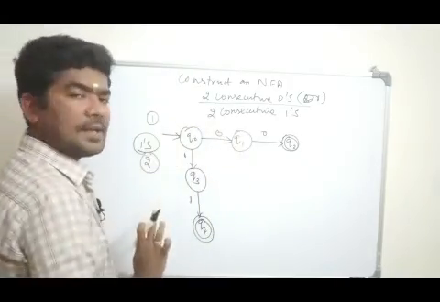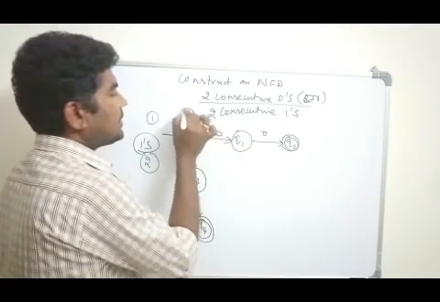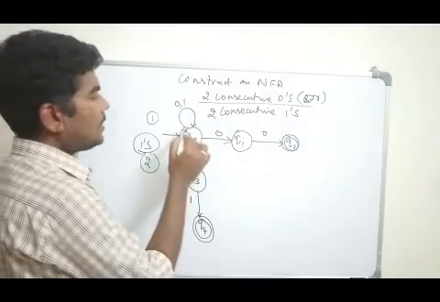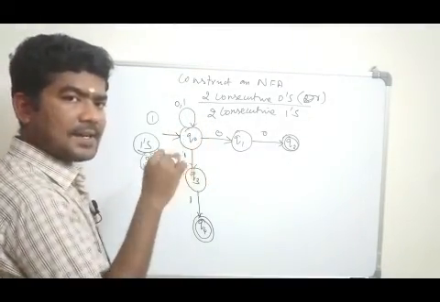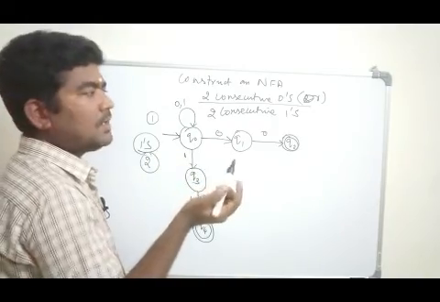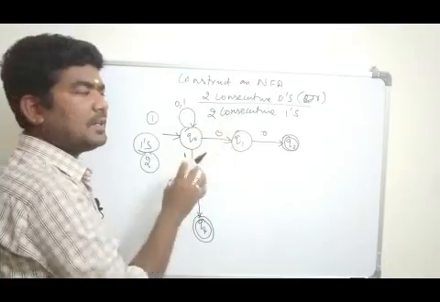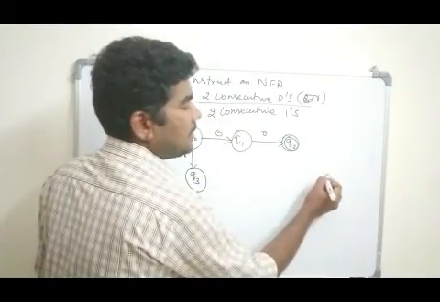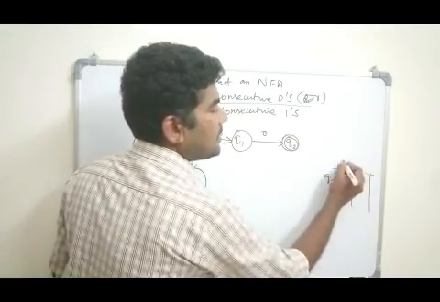Now this Q0 may have a self transition on 0, 1. It's an NFA, and NFA means that from a single state, with the same input, it can go to different states. We have seen that in NFA, right? Draw the transition table with columns 0, 1.